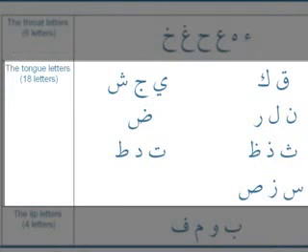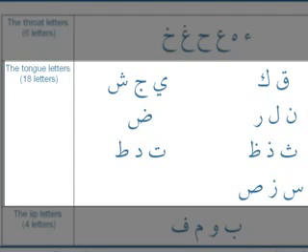The tongue letters are 18, so all of these 18 come from somewhere on the tongue, i.e. the tongue is involved. So we've got the qaf, the kaf, the ya, the jim, sheen, noon, lam, ra, dad, tha, dhal, dha, ta, dal, ta, sin, za, and sad.